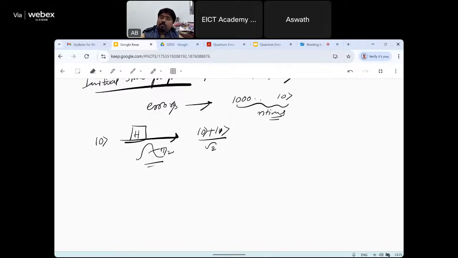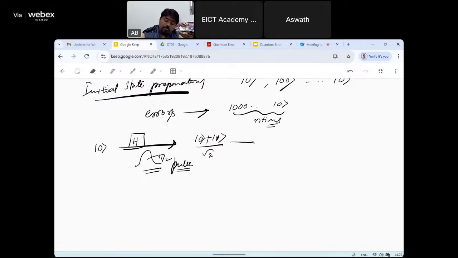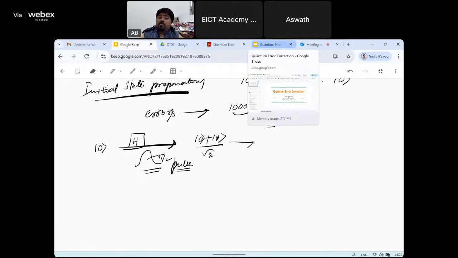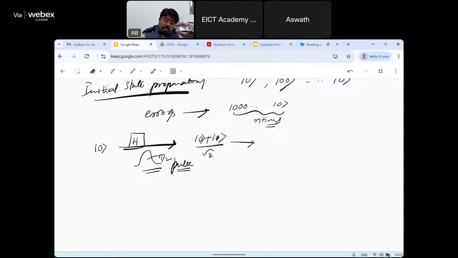This pulse is created by a photon or some laser. When I create that control pulse, I might have some issue. So the state which is supposed to be an equal superposition may not be equal. The probability of 0 would be, let's say, 49%, and the probability of 1, let's say, 51%.